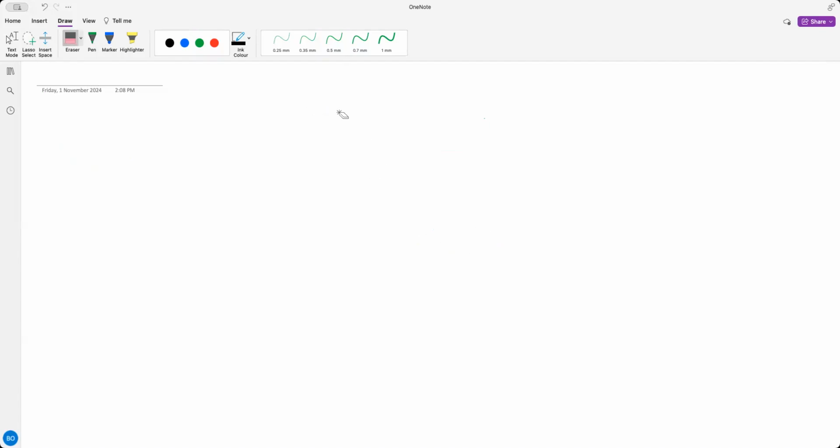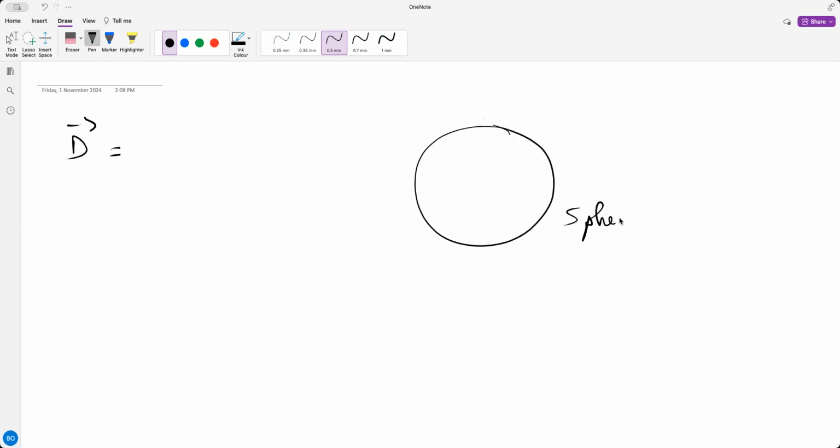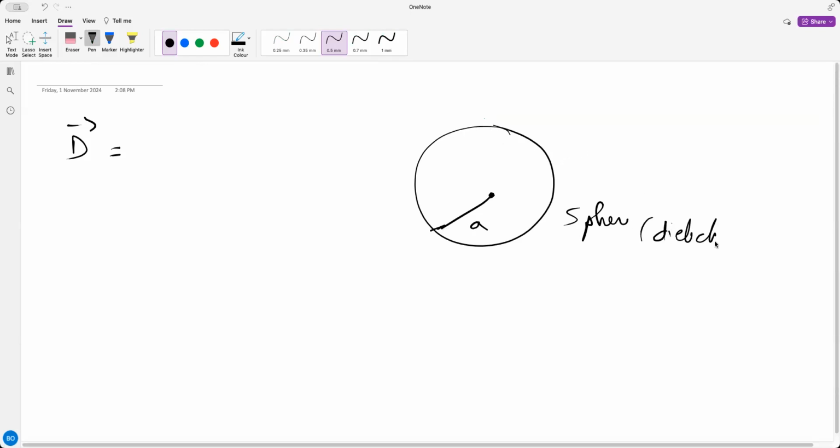Now I will go to another topic. Let's say that I am giving you the electric flux density of a sphere. I have a sphere, and this sphere has radius a. By the way, this is a dielectric sphere, and the surface flux density is equal to rho 0 r, in the r direction.